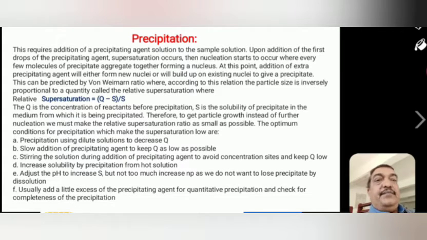Once it is prepared, then one has to add the precipitating agent, the material which is to be added at this stage.